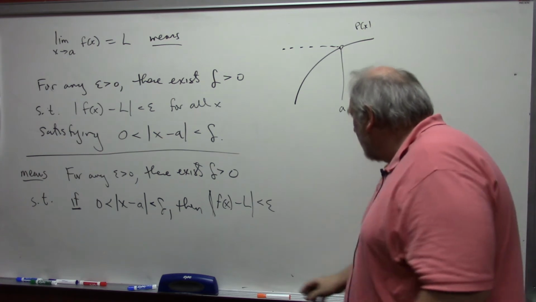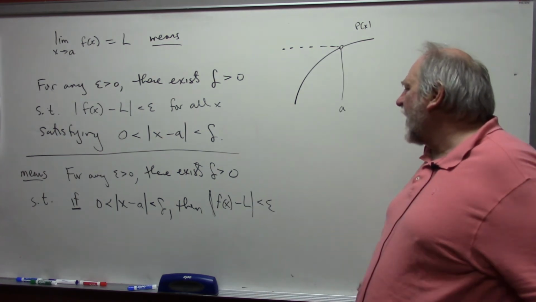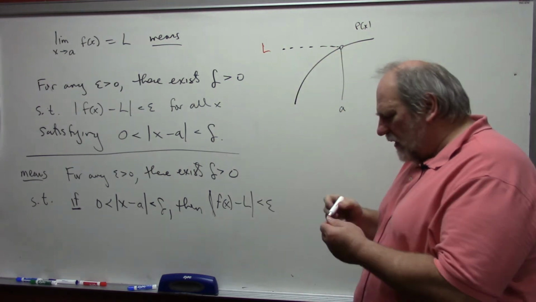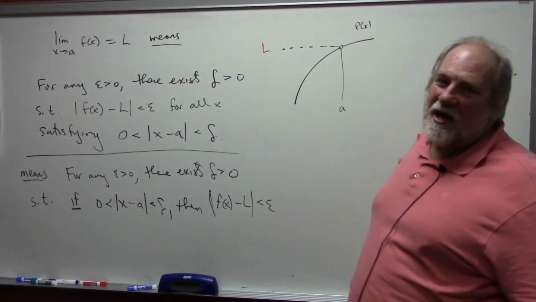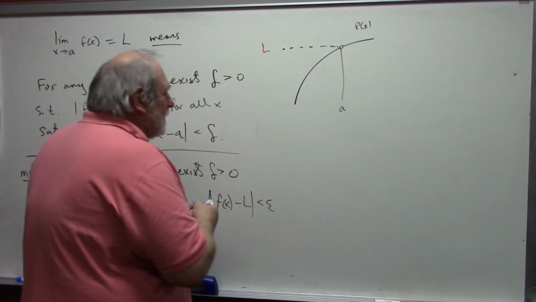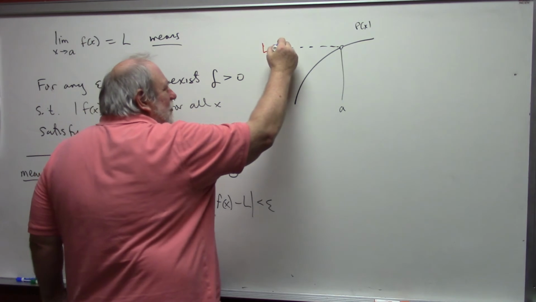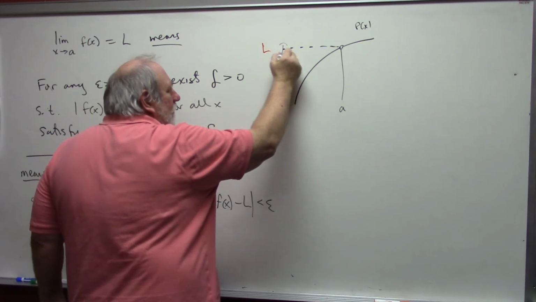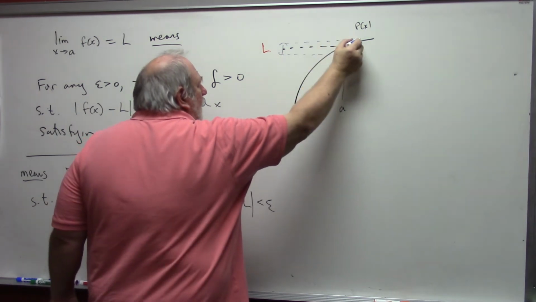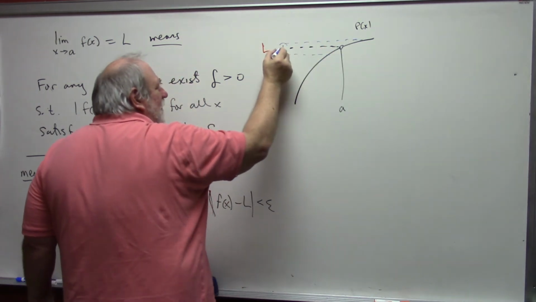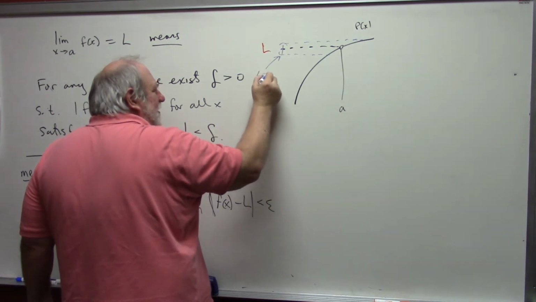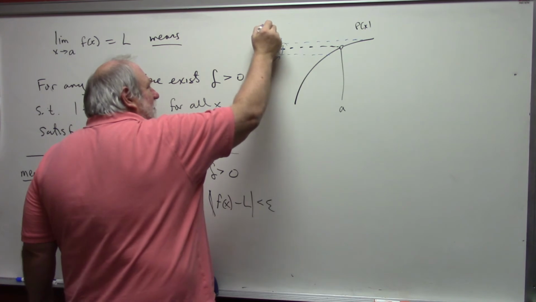But what this is saying is that if I put an interval around L of epsilon width, well, 2 epsilon width, but epsilon in either direction, so in this case, this distance from L, this would be L minus epsilon, this is L plus epsilon.